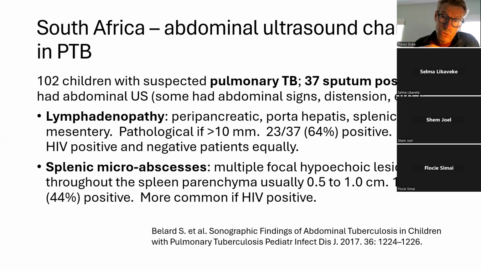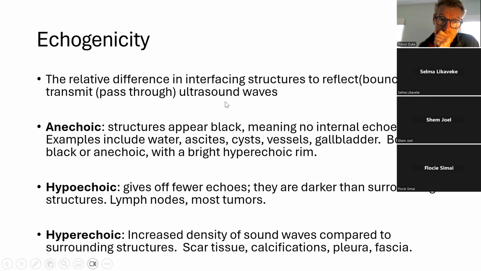The ultrasound features most specific for abdominal and gastrointestinal tract TB were lymphadenopathy and splenic micro-abscesses. 64% were positive for lymphadenopathy, with multiple enlarged lymph nodes throughout the gastrointestinal tract. And about half were positive for splenic micro-abscesses. I'll show you pictures of these features shortly.